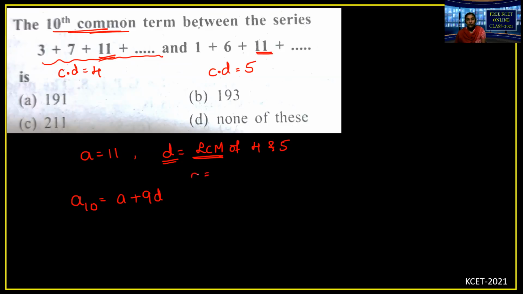So for the common difference of common terms, LCM of 4 and 5 is 20. Now substitute the value D is equal to 20. The first term is 11. 9 into 20 is 180. 180 plus 11 is 191. Option A is the correct answer.